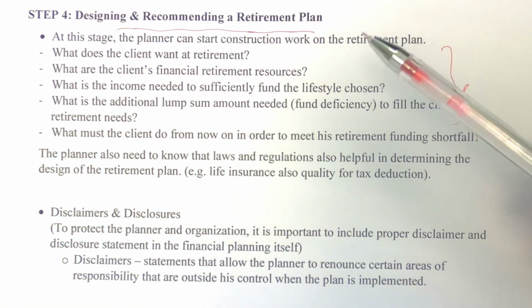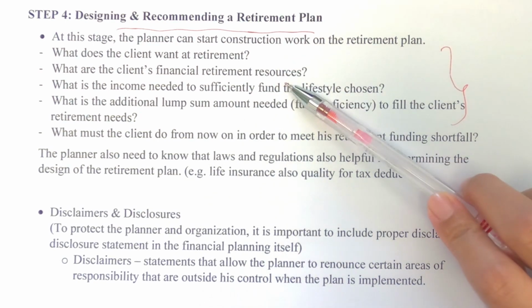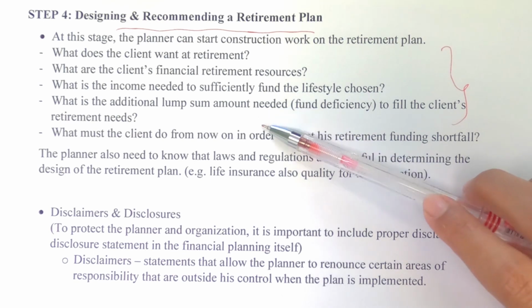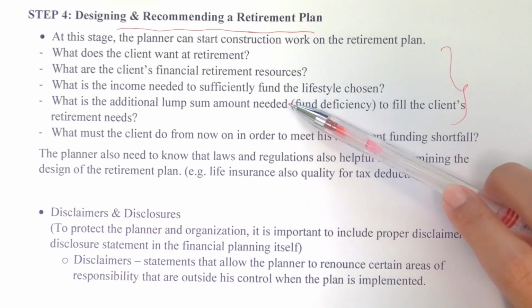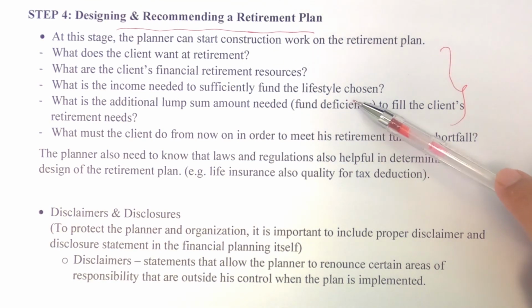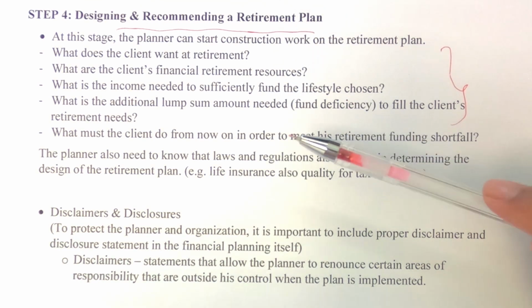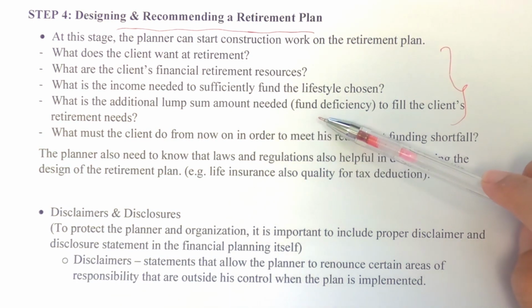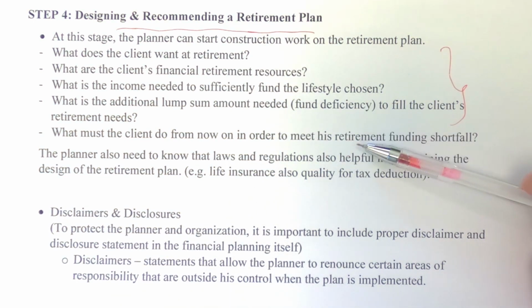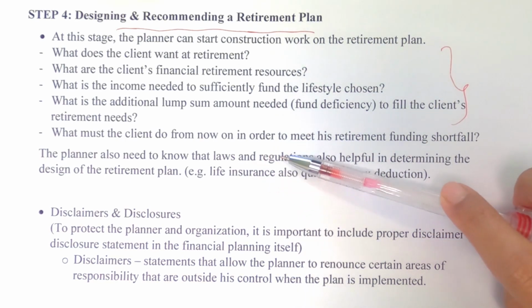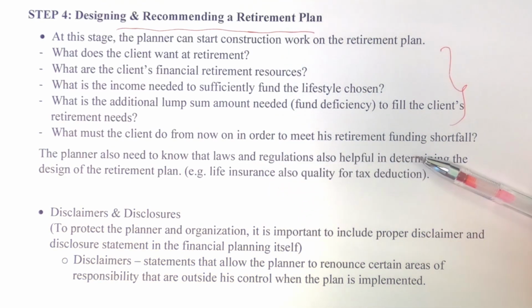For example, what does the client want at retirement? What are the client's financial retirement resources? What is the income needed to sufficiently fund the lifestyle that has been chosen by the client? What is the additional lump sum amount needed, the fund deficiency, to fill up the client's retirement need? What must the client do from now on in order to meet his retirement funding shortfall?